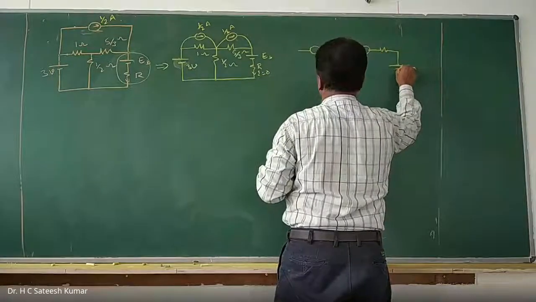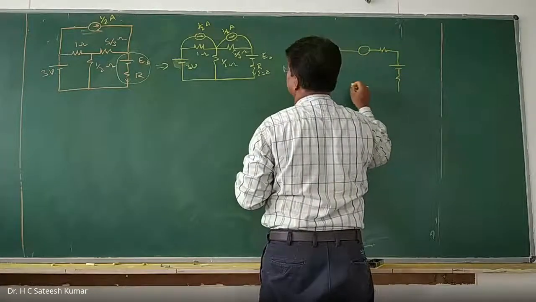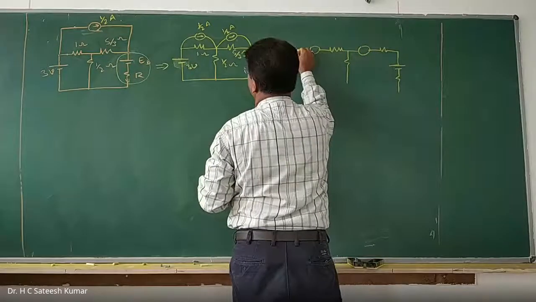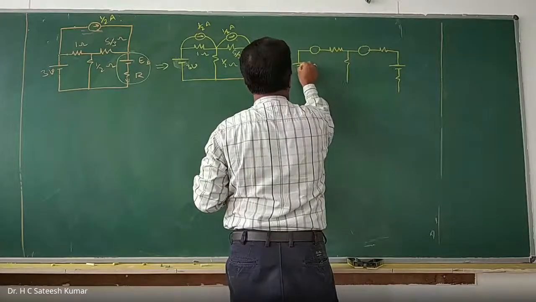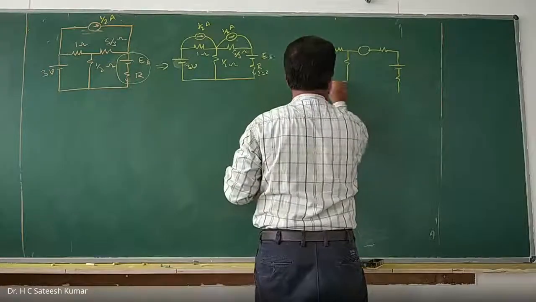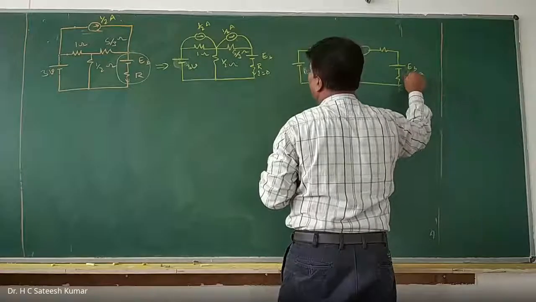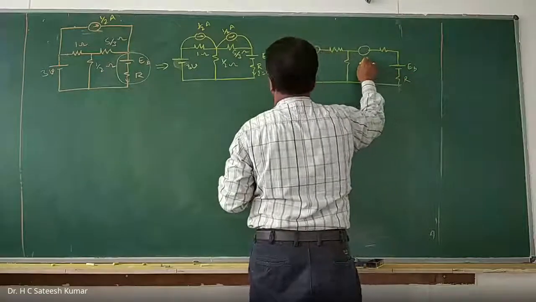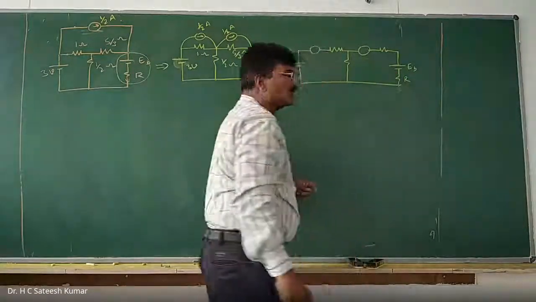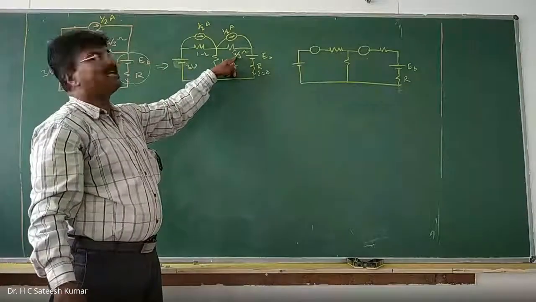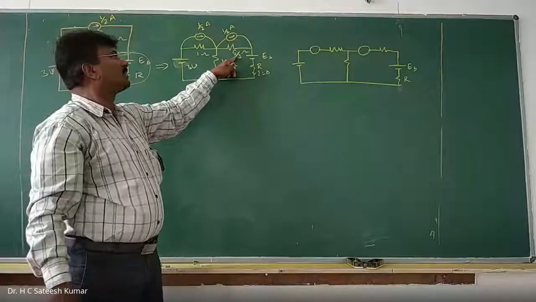Then I'll have this resistance as it is, and in between there is a resistance. This is EB, this is R, and here V is equal to I into R, half into 5 by 3, nothing but 5 by 6.